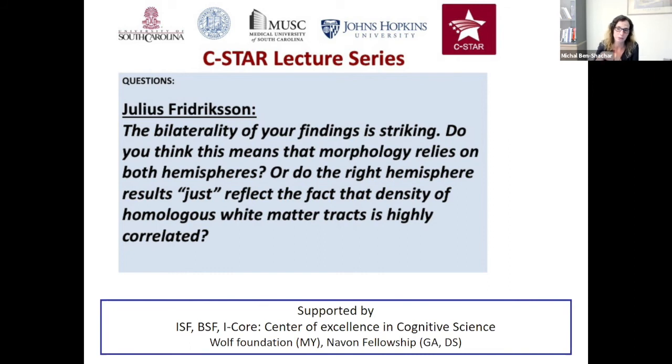This also fits with the idea that started in the dual stream model completely independently, that the ventral stream is more bilateral and relies on the temporal lobes in both hemispheres.